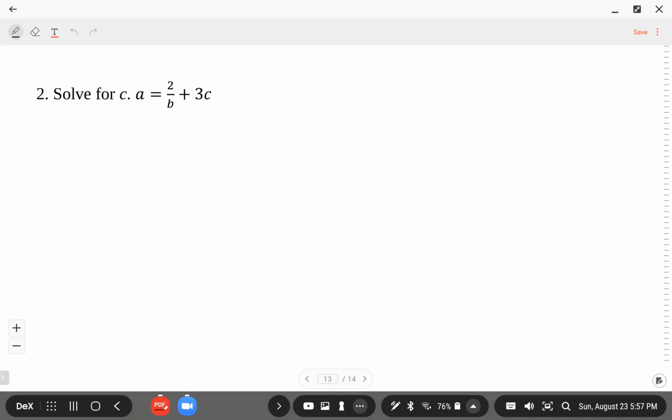Okay, second problem. We have solve for c. We have A equals 2 divided by B plus 3c.